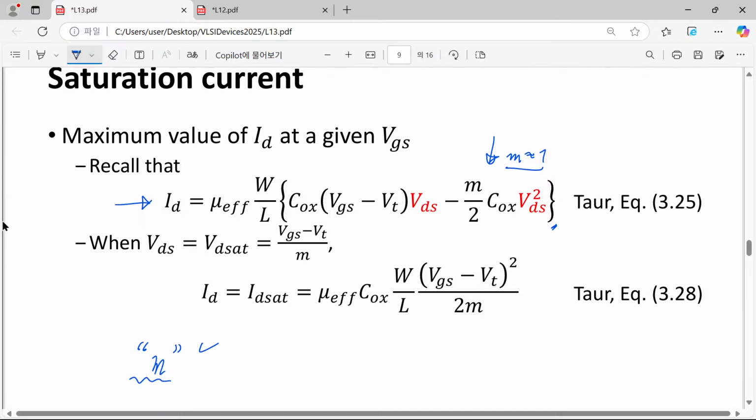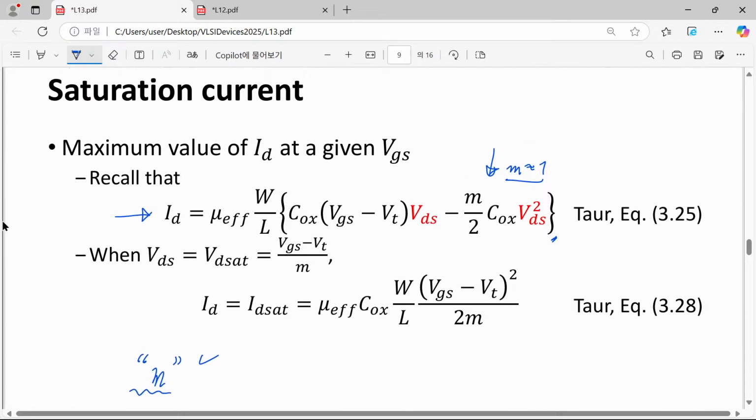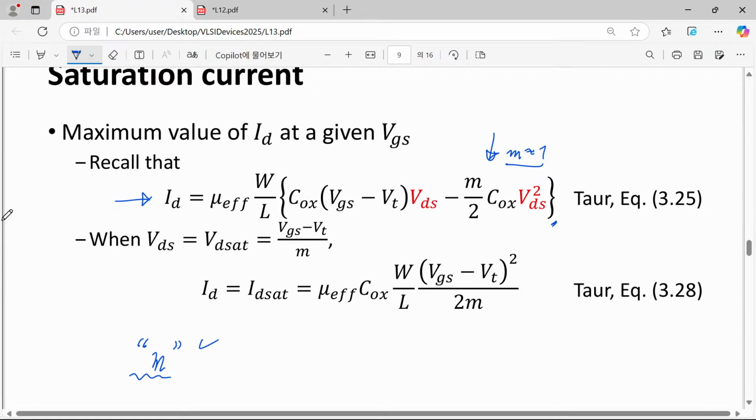Okay, so anyway, let's assume that this is the expression. Then if we just draw it, as I told you before, we will draw ID as a function of VDS, and first, for low VDS, we will have just a straight line.